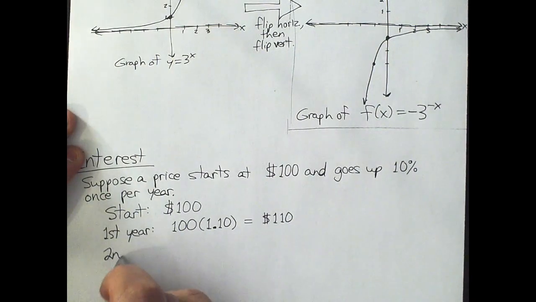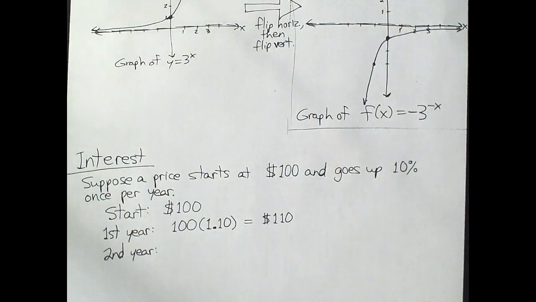What happens at the end of the second year? It's not going to be 120, right? That's not going to be the answer. It's not going to just go up another $10 because for the past 12 months, the price has been $110, and we need to go up 10% from this.